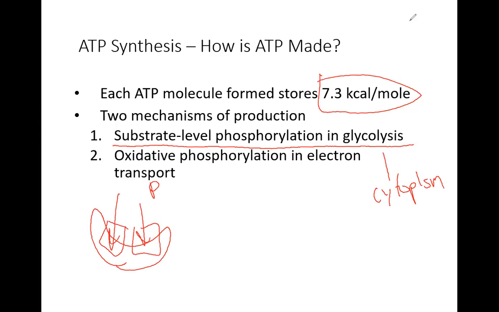One of the molecules has a phosphate on it and the other one doesn't, and you bring them together. That's substrate level phosphorylation. You're either stripping off a phosphate or adding a phosphate, and that takes place using the enzymes. Oxidative phosphorylation takes place in electron transport. Try to remember both of those statements.